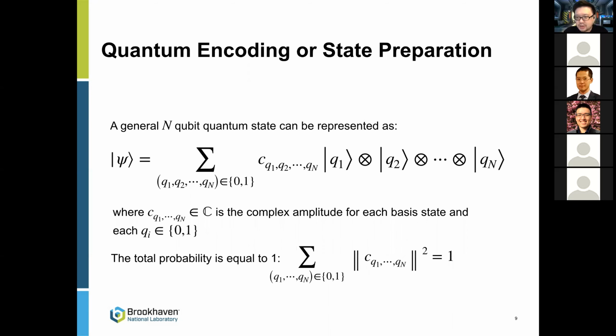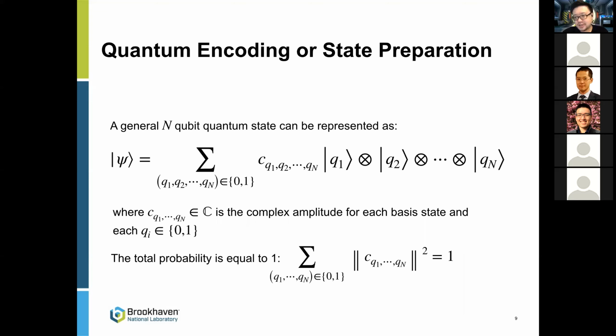The first step in the variational quantum circuit is to encode the classical data into a quantum state. So first, we introduce the basic idea of what a quantum state is. Consider a general n-qubit quantum state, which can be represented as follows. The psi is the linear combination of all the basis states, and the c with some subscript is the complex amplitude for each basis state, and each state is 0 or 1.